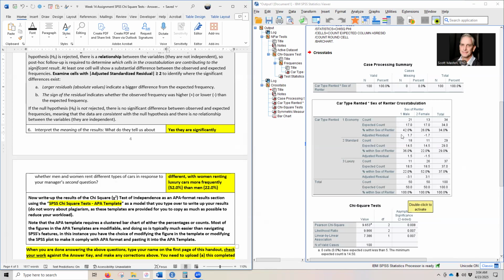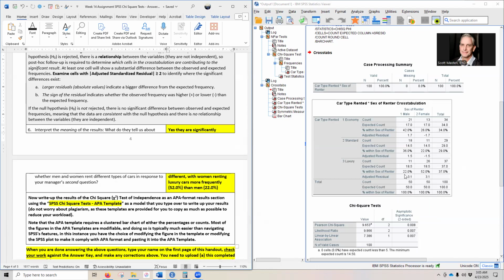The negative tells you that fewer males rented luxury cars. The positive tells you more females rented luxury cars. So what we have to say is men and women didn't differ in their economy or standard preference, but women liked luxury cars more, or you could say men liked luxury cars less.